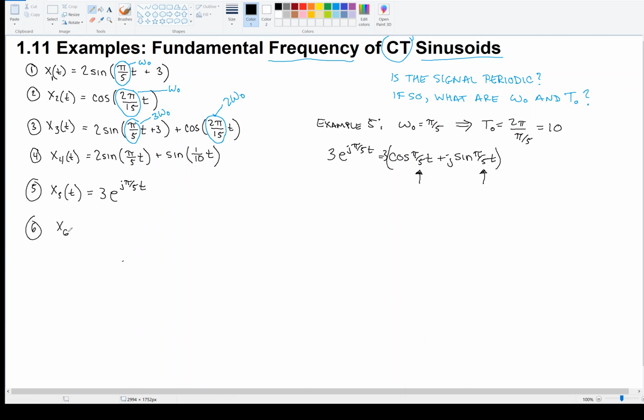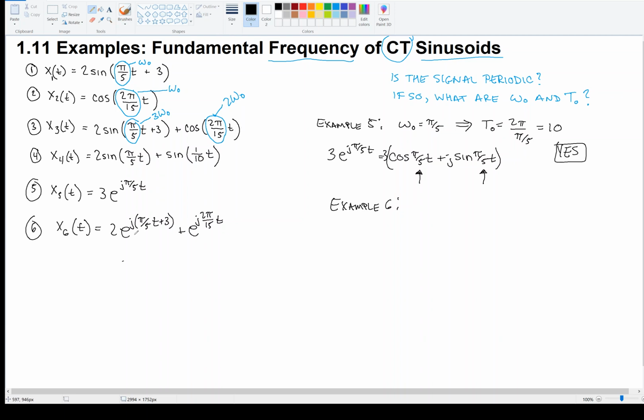How about this one? Example 6. 2 e to the j, pi over 5 t plus 3, plus e to the j 2 pi over 15 t. This is yes. Example 6, well, I've chosen these numbers to match example 3.